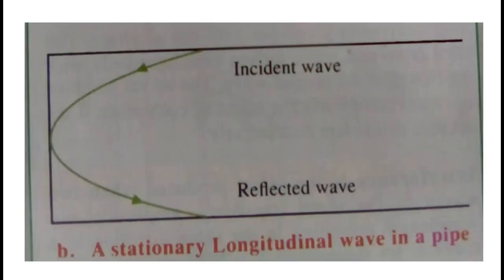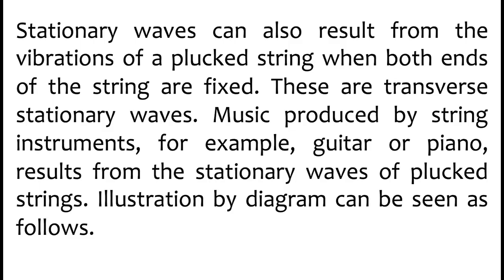And this is a diagram reflecting what we refer to as a stationary longitudinal wave in a pipe. We have the incident wave up there. You can see the arrow indicating the direction of the incident wave, and going back, we have the reflected wave. Stationary waves can also result from vibrations of a plucked string when both ends of the string are fixed. These are transverse stationary waves.